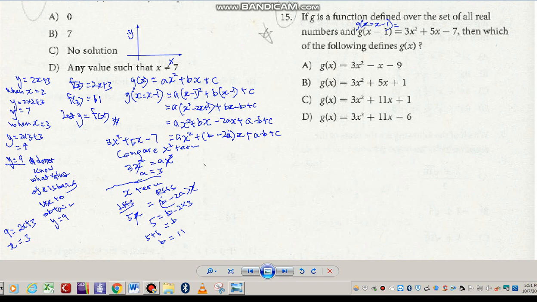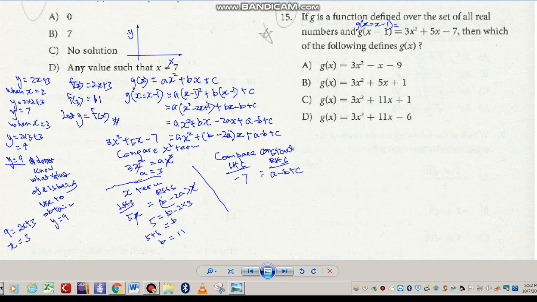Next, want to compare the constant. On the left hand side, the constant is equal to minus 7. On the right hand side, the constant is a minus b plus c.